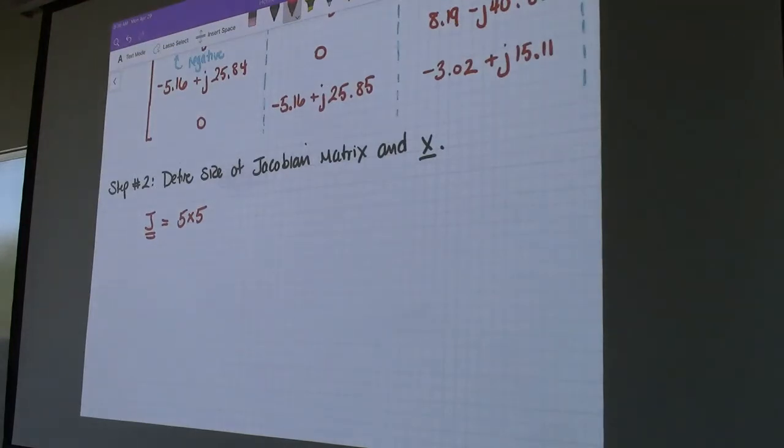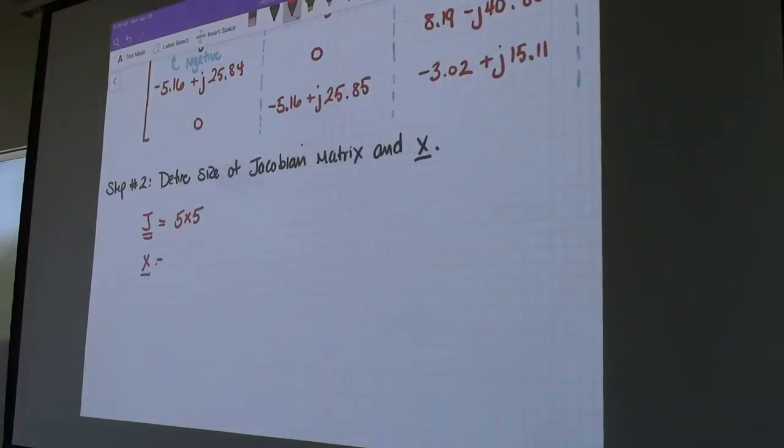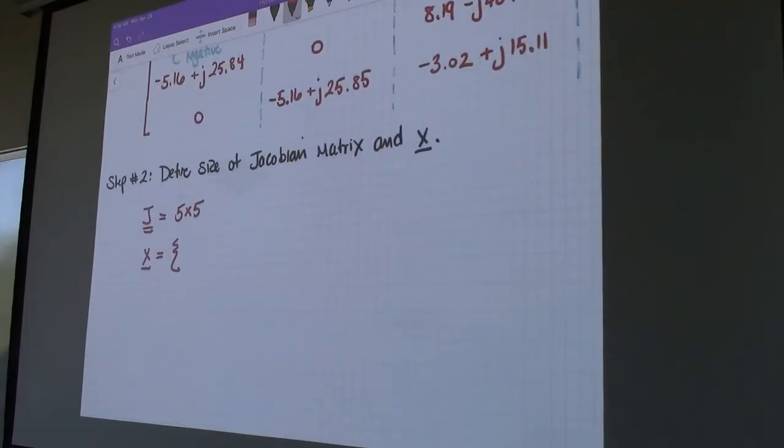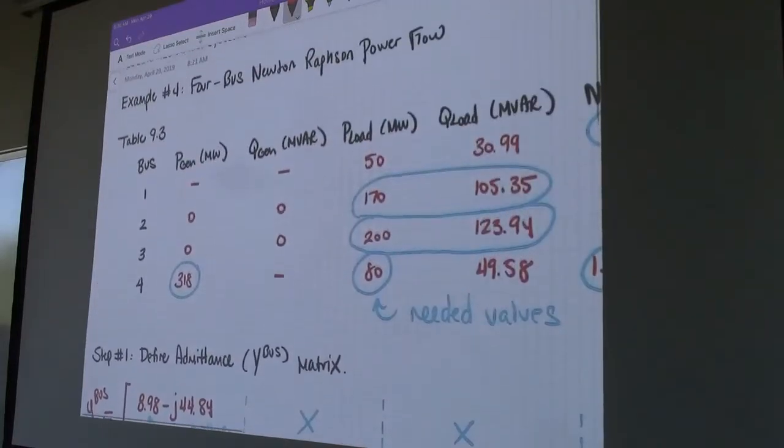Okay, let's define what the x's are going to be. All right, we said we're normally going to order it thetas, then V's. For bus 1, we don't have anything. For bus 2, we'll have a theta. For bus 3, we'll have a theta. For bus 4, we'll have a theta. So we'll have thetas that we have to solve for all of those. So theta 2, theta 3, theta 4. The one that we don't have to solve a V for is the fourth one.